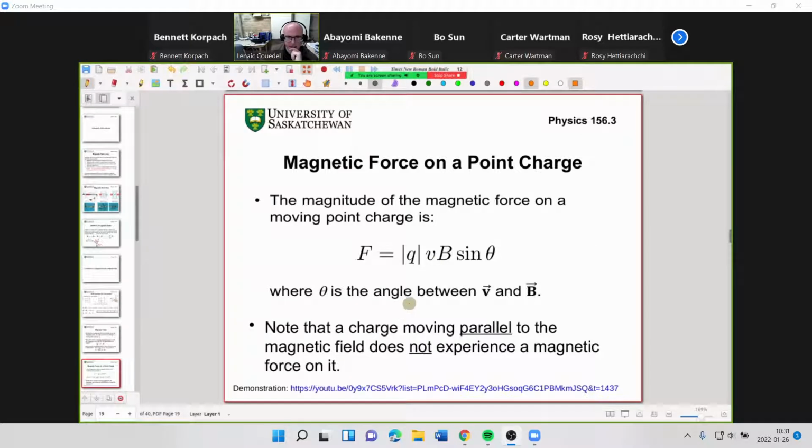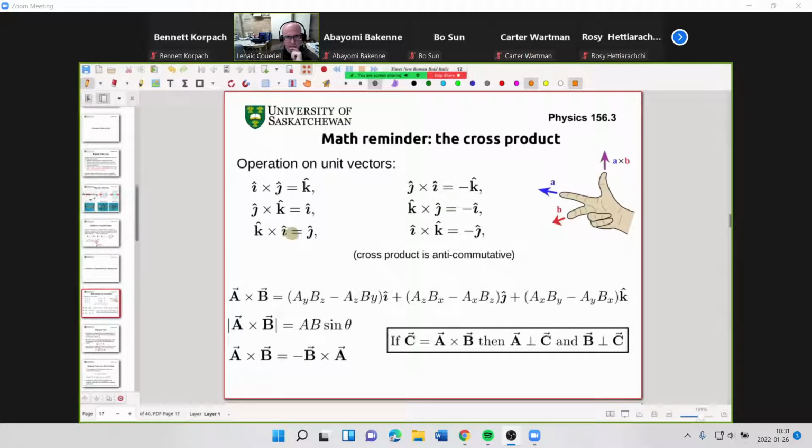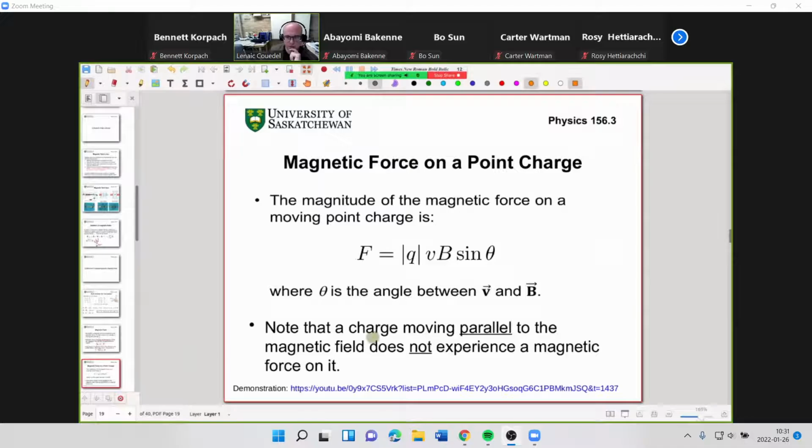Okay, so if you go back to the formula here, and if you remember your math classes, if you calculate the cross product of a vector with a vector parallel to it, the cross product will be 0. So that is very important for magnetic field.